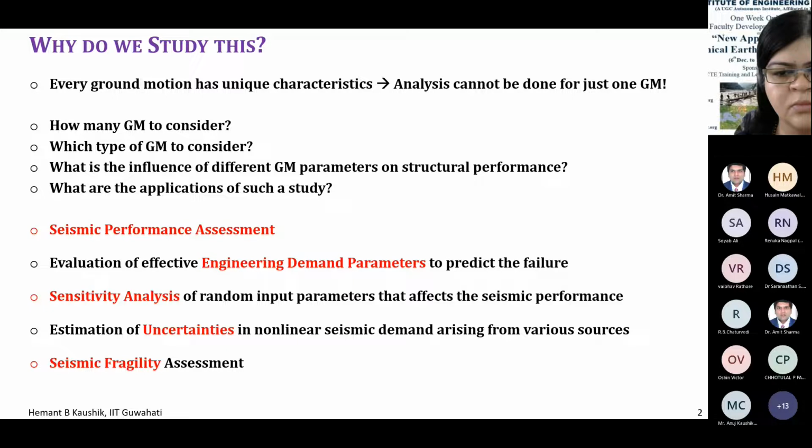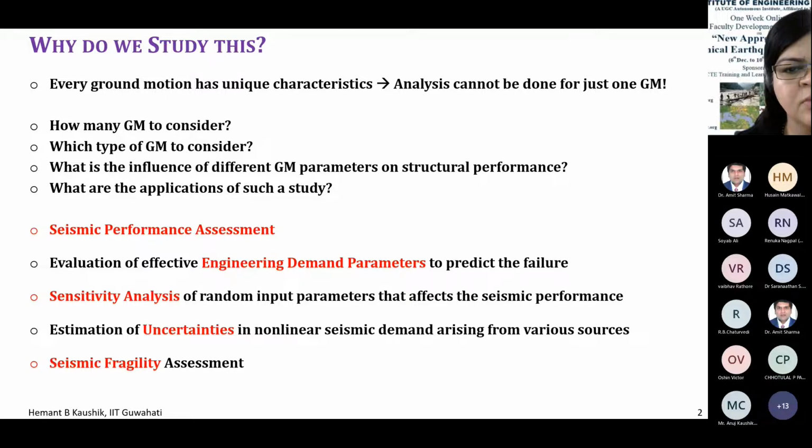So I'm telling you just to let you know that I'll be discussing each of them very briefly. I'll try to cover within 1 hour 15 minutes. So this is very brief, but we can have a very detailed discussion on each of these applications.